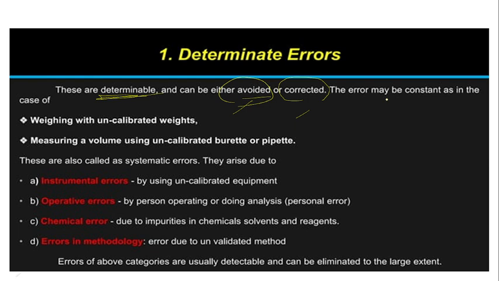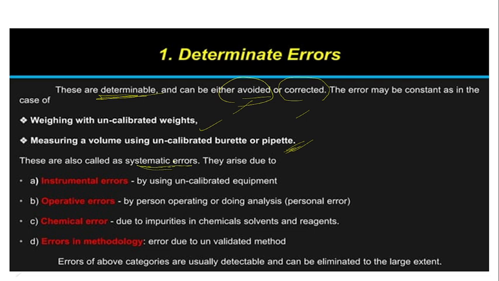The error may be constant, as in the case of weighing with an uncalibrated weight, or measuring a volume using an uncalibrated burette or pipette. If we perform an experiment and do not calibrate the burette or pipette with the help of chemicals, then we can easily determine what error there would be. And this can be called a systematic error.